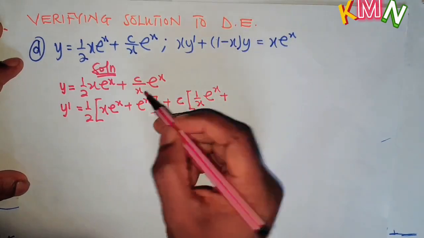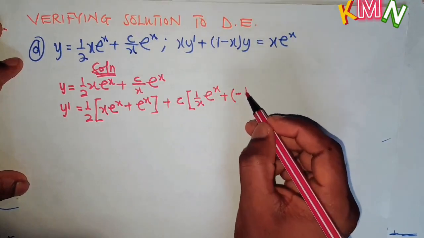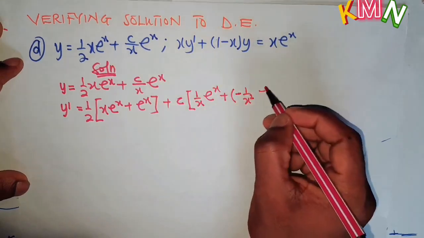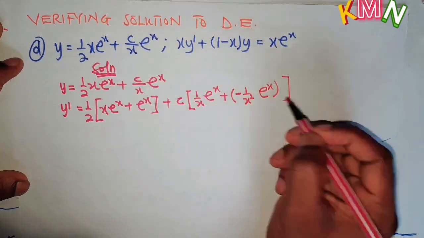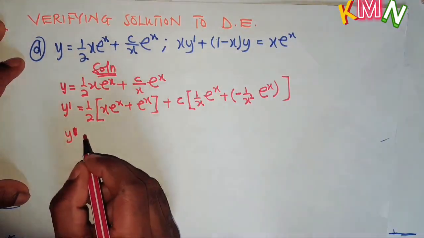plus, now let's maintain this and differentiate the 1 on x. You know, whenever we differentiate 1 on x, we're going to get negative 1 on x squared. Then we maintain this, so that will give us, let's write it well. Let's simplify.